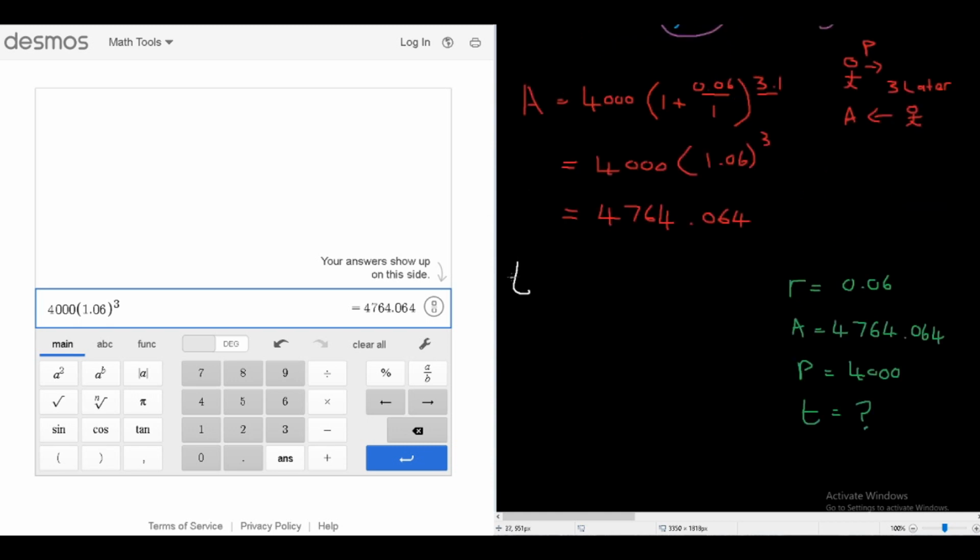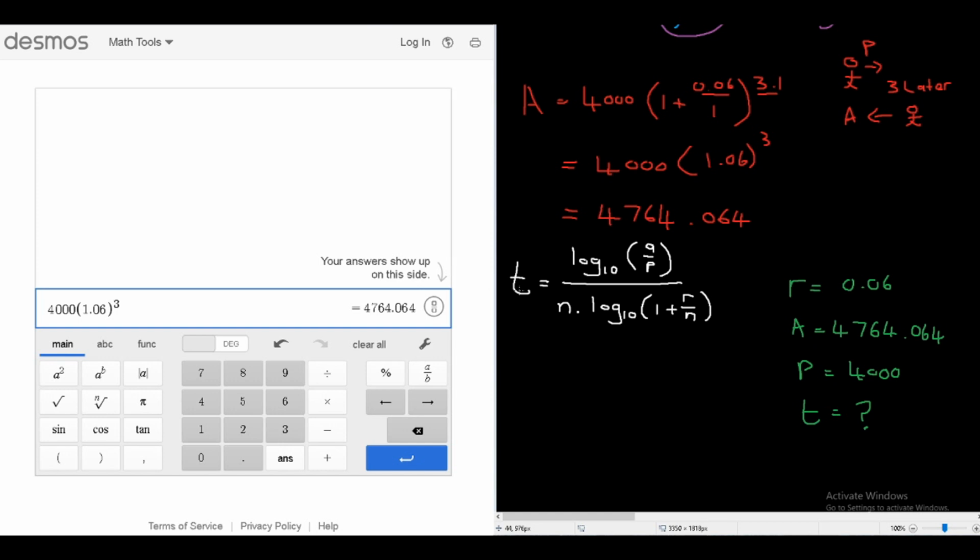So the formula would be T is equal to log base 10 parentheses A over P, over N multiply log base 10 parentheses 1 plus R over N. Okay, this is how we find the amount of years.